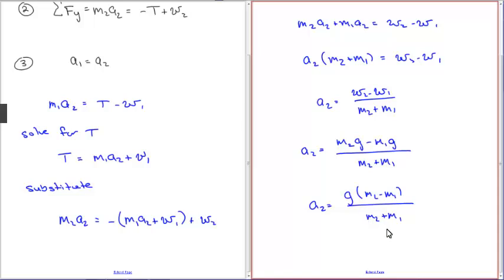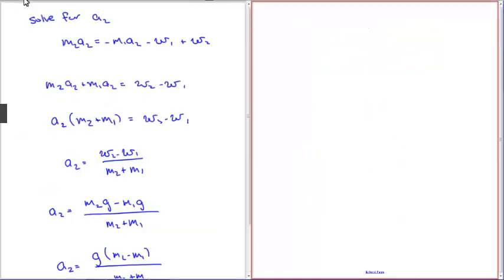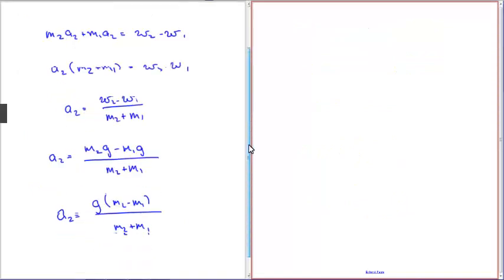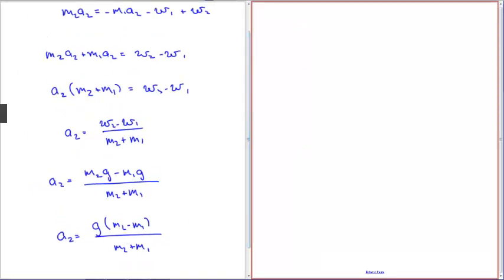Okay, so now we know everything. So let's add a page, plug in the numbers. So there we are. The acceleration a2 is the acceleration due to gravity, 9.8 meters per second squared. Put that in parentheses.